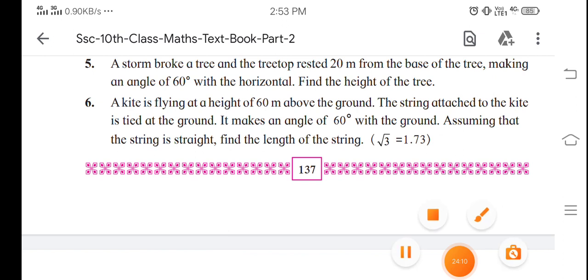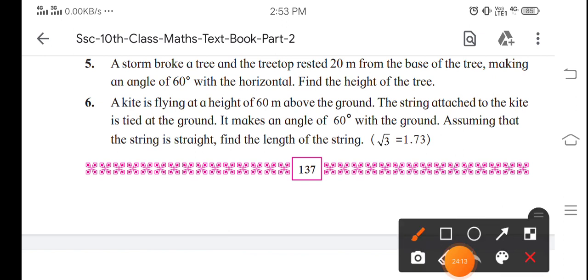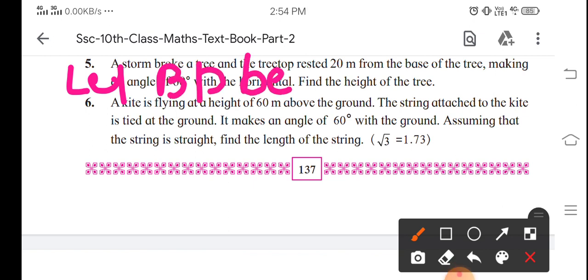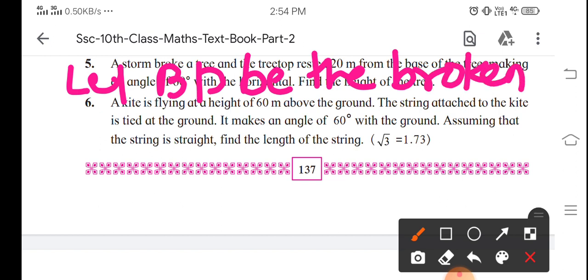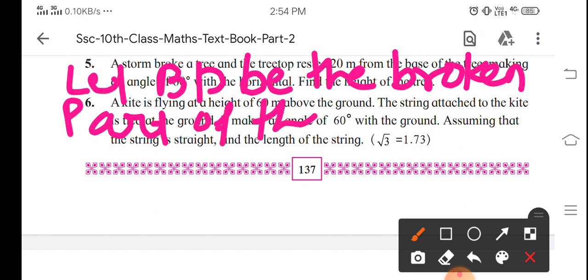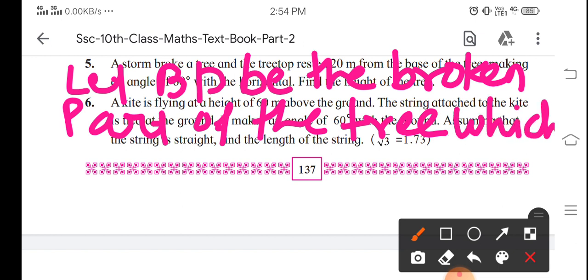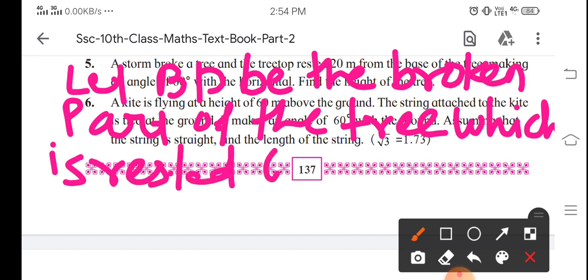Okay, so in the next part you'll have to write, let BD be the broken part of the tree, which is rested at point D from the base of the tree, right?